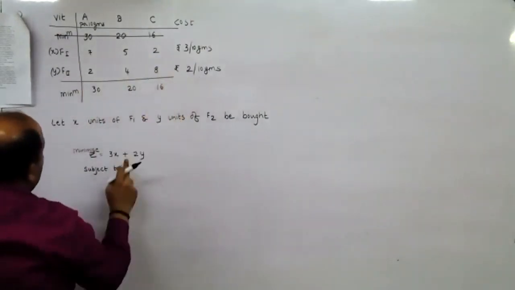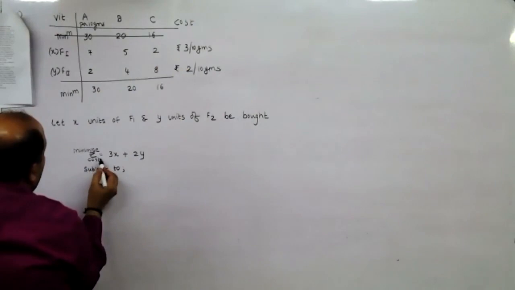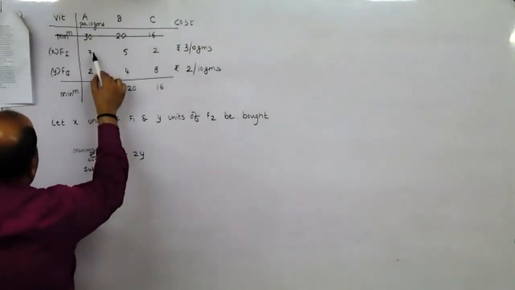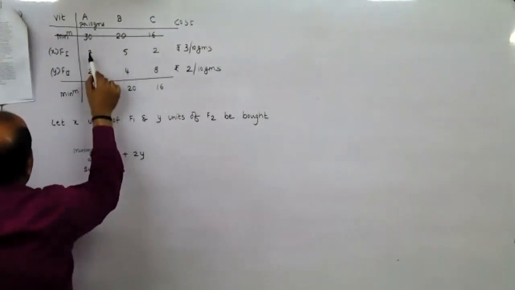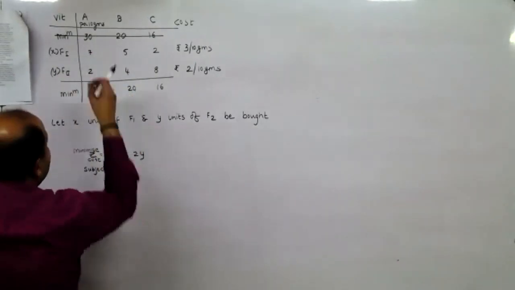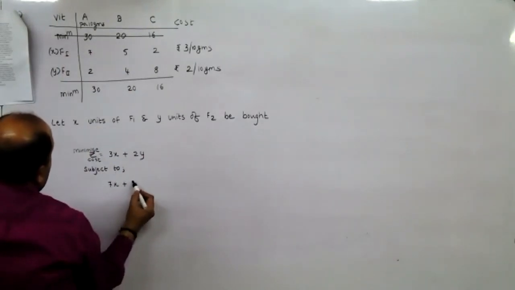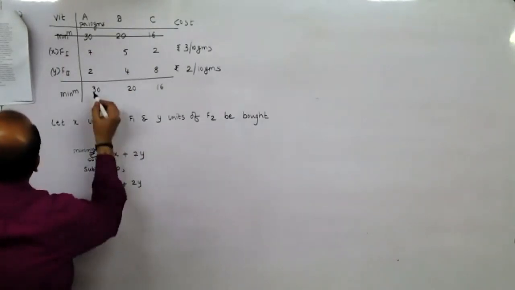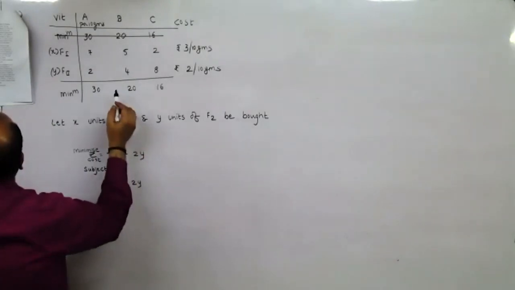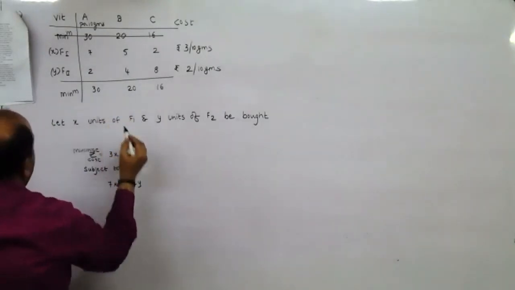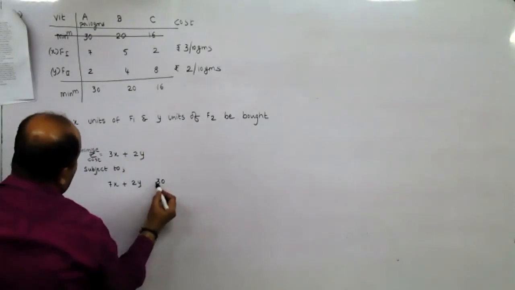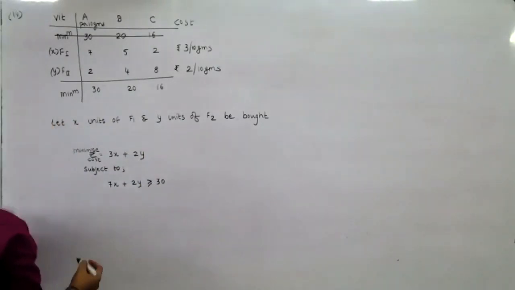3x plus 2y is the cost which has to be minimized, subject to the constraints. She's getting 7 units per 10 grams here, so if she's having X packets, she'll get 7 into X units of vitamin plus 2 into Y units of vitamin. She needs a minimum of 30 units, so 7x plus 2y should be greater than or equal to 30.